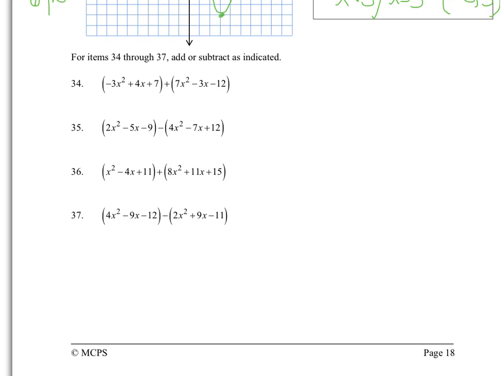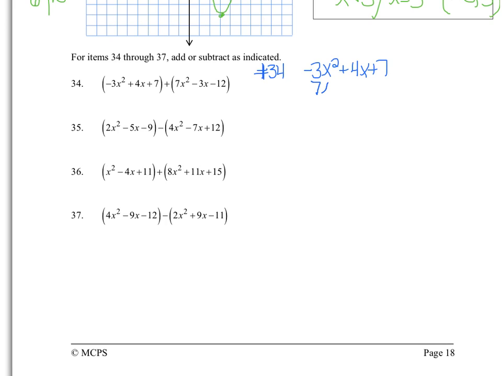All right. Next we have, for items 34 through 37, where adding or subtracting is indicated. Well, for 34, we're going to be adding. And I personally like to add vertically. I think it's easier to see. So I'm going to do that. -3x squared plus 4x plus 7. And then I'm going to take my second binomial and line it up with like terms below it.